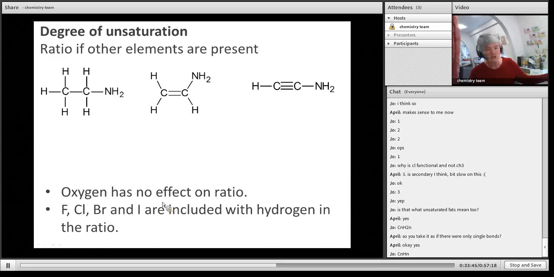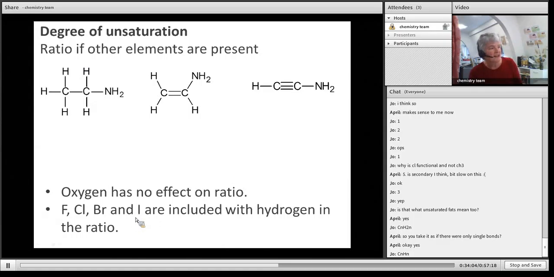Oxygen, being 2 bonds, doesn't affect the ratio. And the fluorine, chlorine, bromine, iodine, we simply count as part of the hydrogen atoms. So if I've got 5 hydrogen atoms and 1 chlorine atom, we count that as 6. And we'll look at examples.